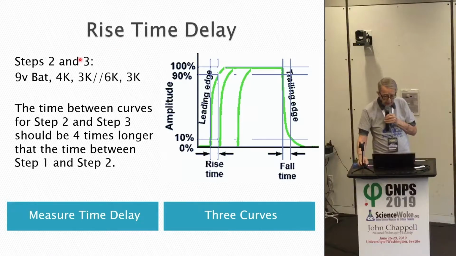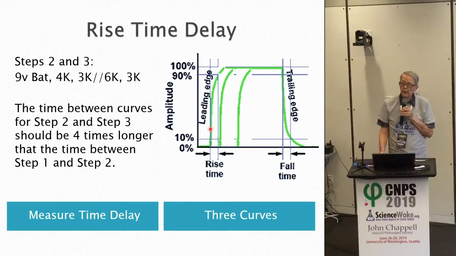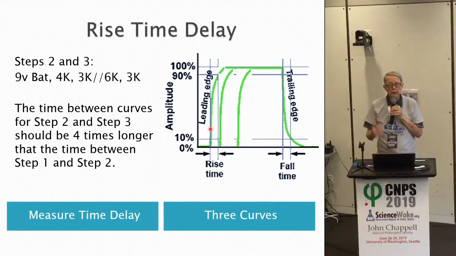After I've done steps 2 and 3 for the same circuit, I will end up with 3 curves. What I'm expecting to get is that the time from the second curve to the third curve will be 4 times the time between the first and the second curve. That's if it's being controlled by a field that's reducing by r².